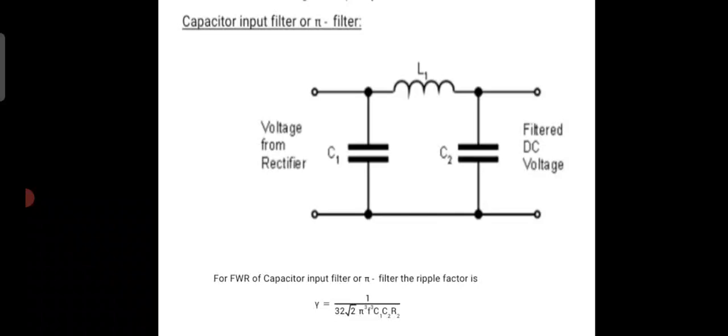Then the DC signal will reach the inductance. At the inductance, only the DC signal is allowed. Hence, finally a small portion of AC reaches the capacitor C2, which absorbs the AC signal.